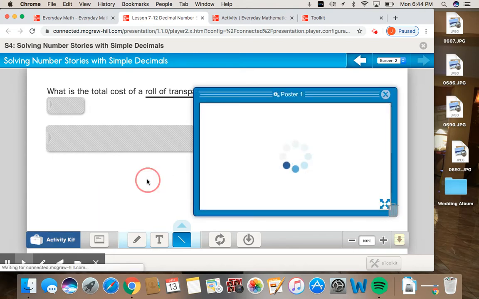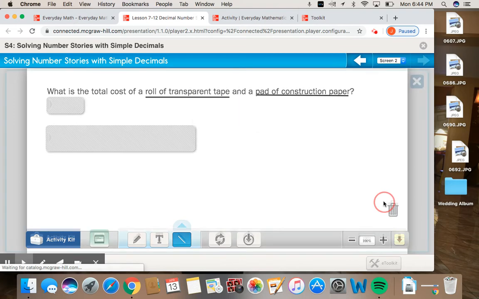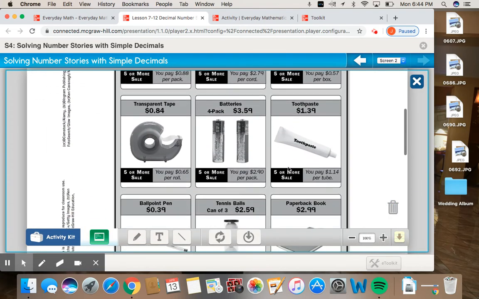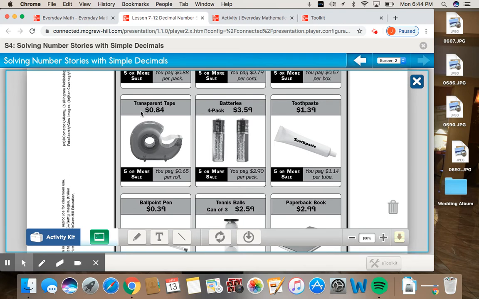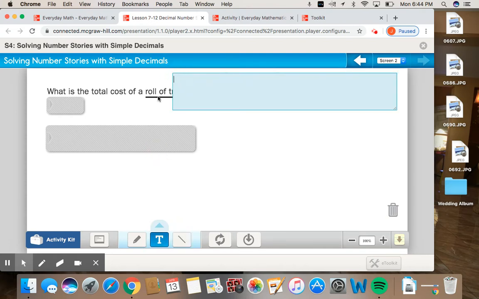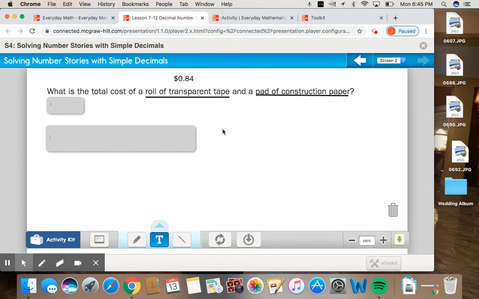I'm going to look on poster 1. And here I have my transparent tape, which is 84 cents, which is the number I want to use because I'm only buying one roll. 84 cents. I want to keep my numbers where they belong. 84 cents goes with the tape.